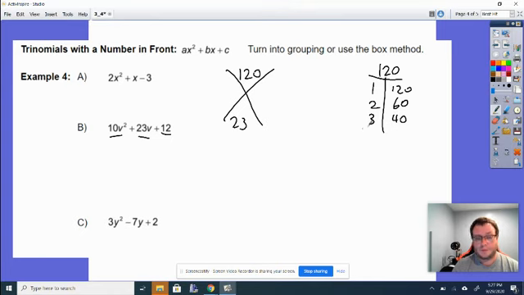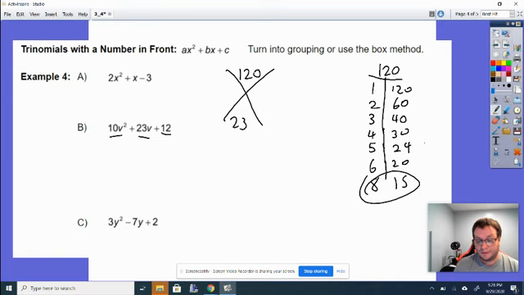See, again, even at 3, I'm not nearly close enough to 23. 4 and 30, getting closer. 5 and 24, closer. 6 and 20, 7 doesn't work. 8 and 15. Okay, and I could keep going. I could go ahead and try 9 and 10. 10 definitely works. But I can stop here. I got the ones I need.